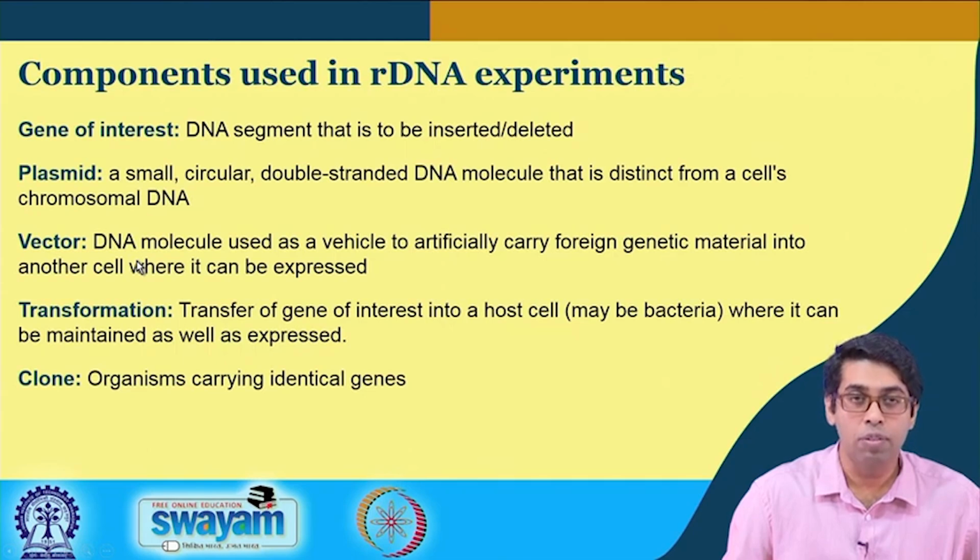We will take our gene of interest and insert it into a plasmid and then insert that circular plasmid into a bacteria. In that case we refer to the plasmid as a vector, because it carries our gene into the organism of our interest. Transformation is the process by which this plasmid or vector is inserted into the host cell.